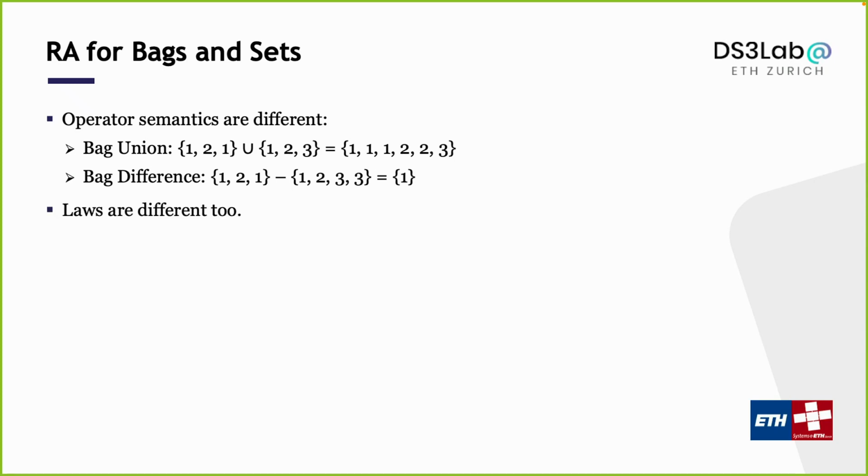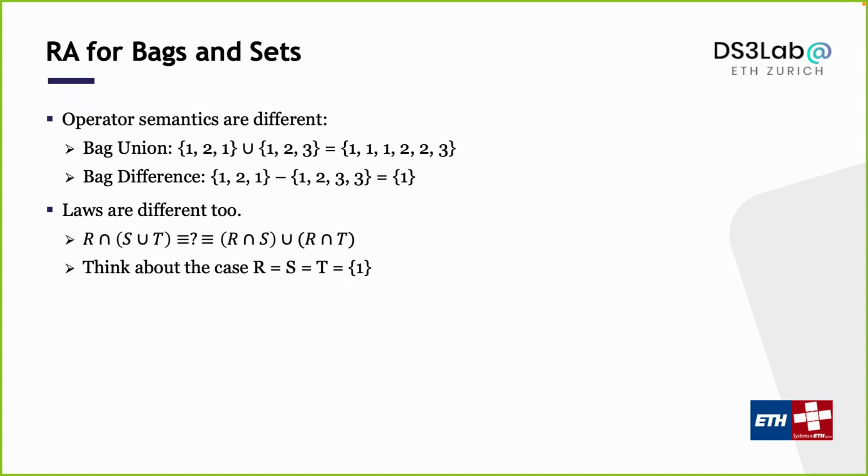The laws for you to reason about those operators will also be different, right? So in set semantic, this always holds: you have R intersection with S union T. If you are doing a set semantic, the left-hand side is actually equal to the right-hand side.